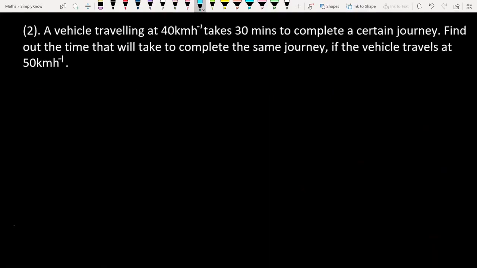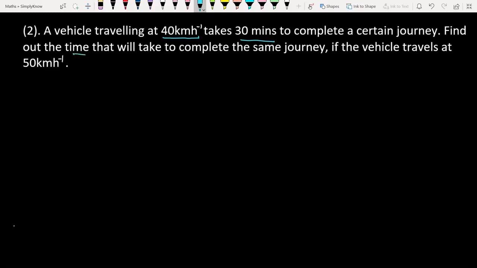This is the second question. Now this is a different question. It is not about man hours. A vehicle traveling at 40 kilometers per hour takes 30 minutes to complete a certain journey.